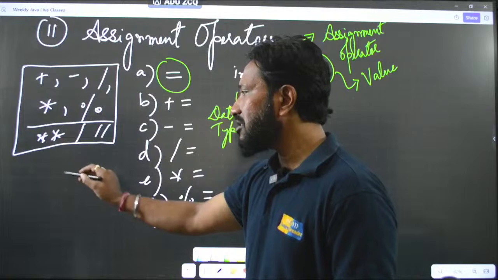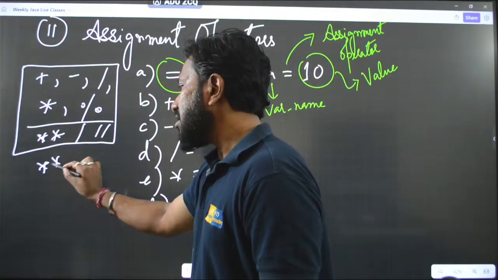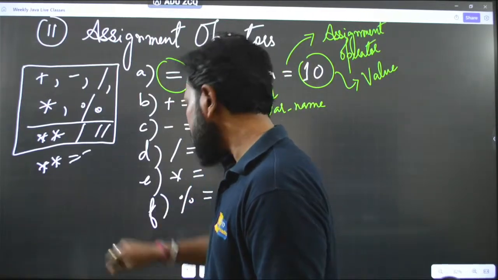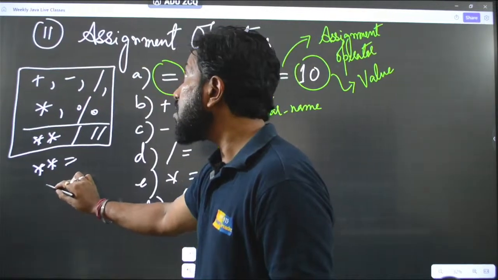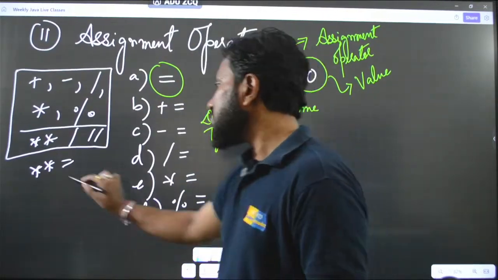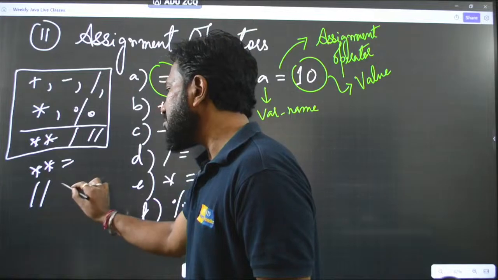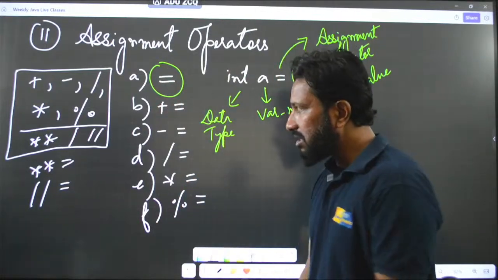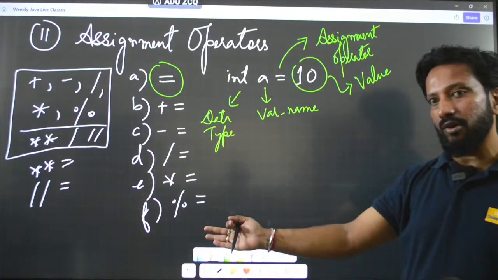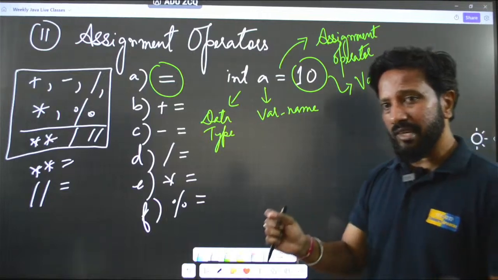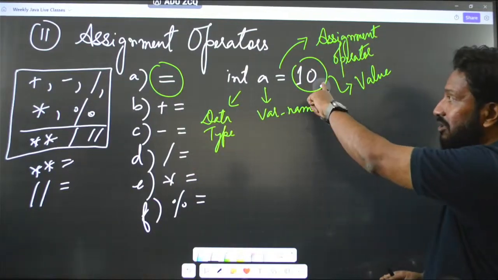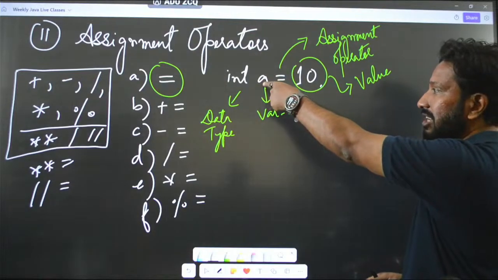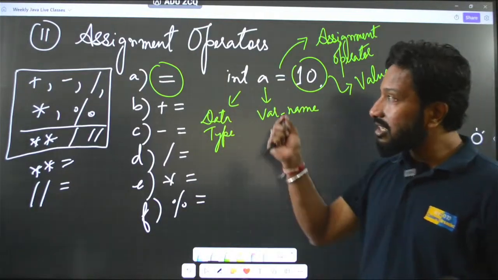And if you go for this too, it will be like double star equal to and it will be floor division and equal sign. Okay guys, so these are our assignment operators. Ultimately just remember that the equal sign is used to assign any particular value to any particular variable. Okay, that is what it is about.